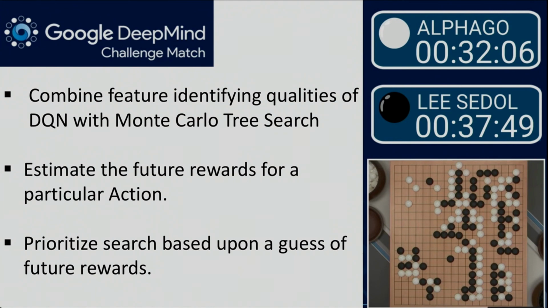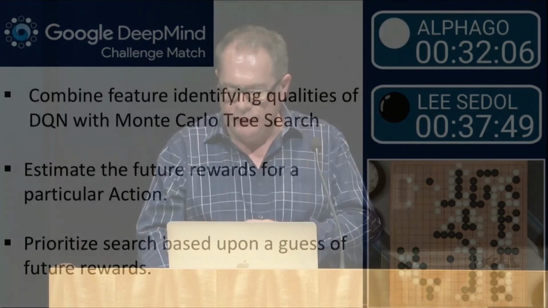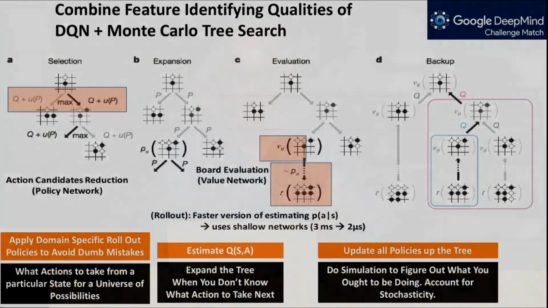And so combining those, they're estimating the future rewards for a particular action and then prioritizing search based upon a guess of future rewards, and that worked quite well. It looks like that at a high level. Monte Carlo always has 4 steps: selection, expansion, evaluation, and backup.